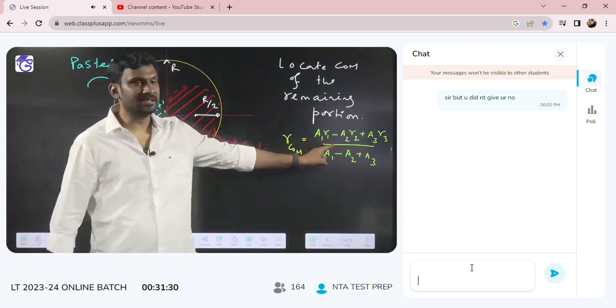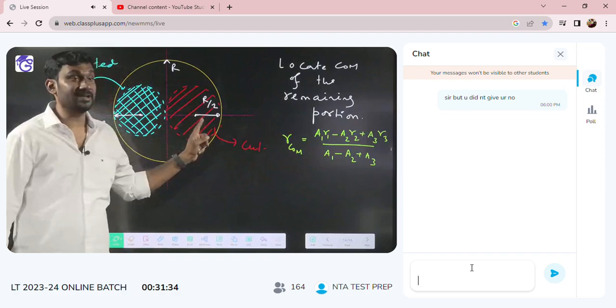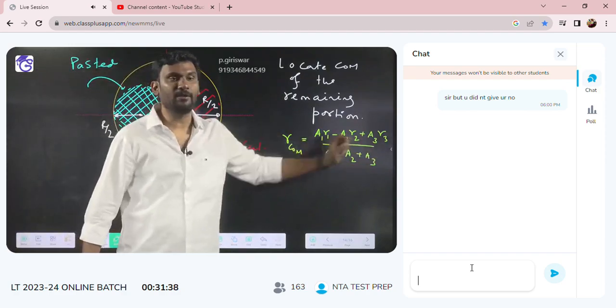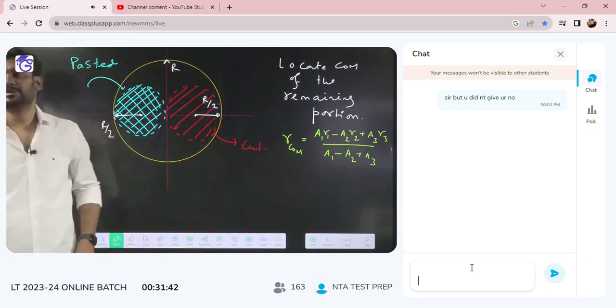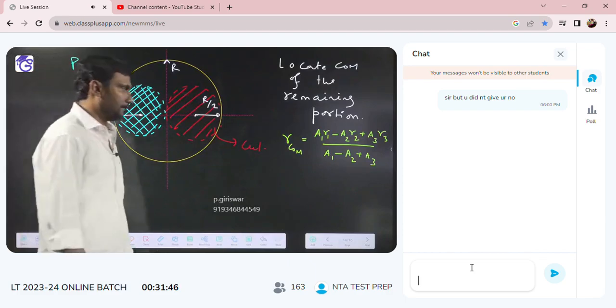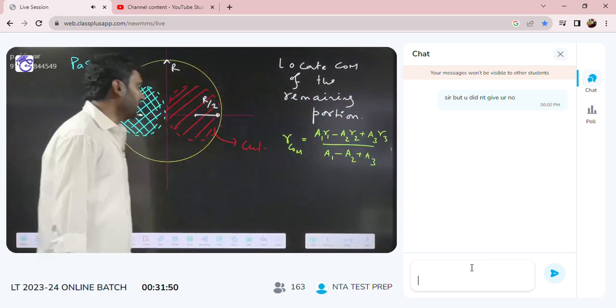Minus is for mass taken out, plus is for mass added. One mass is taken out from the right side, and mass is added on the left side. Is it clear to all of you? Everyone sure? Respond.